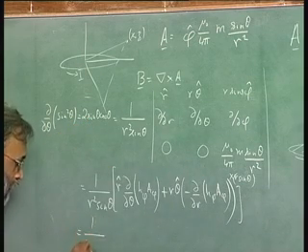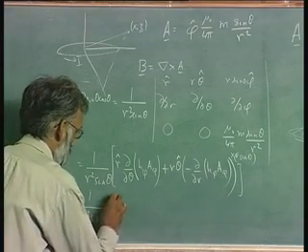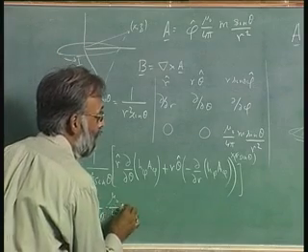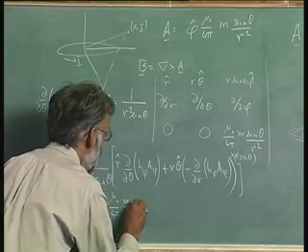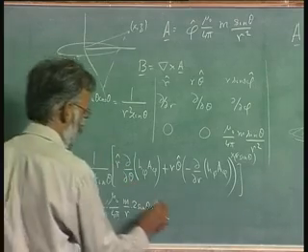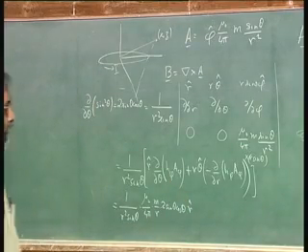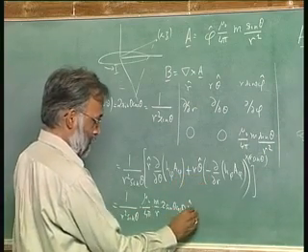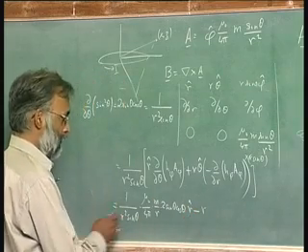So it's 1 over r squared sin theta times again mu naught over 4 pi times m over r times 2 sin theta cos theta, and this is along r hat. The second term has a minus sign and there is a factor of r.